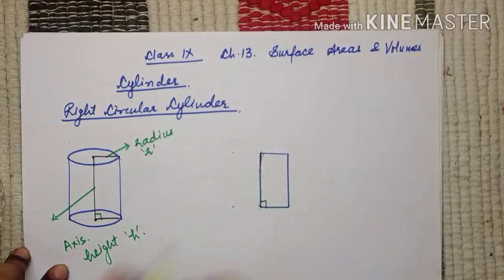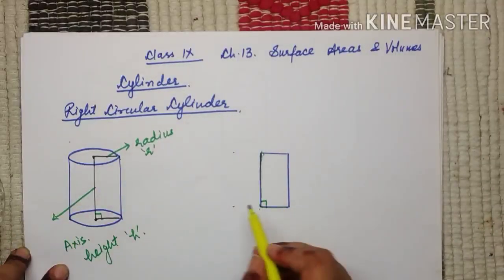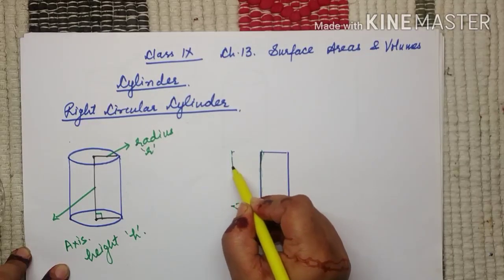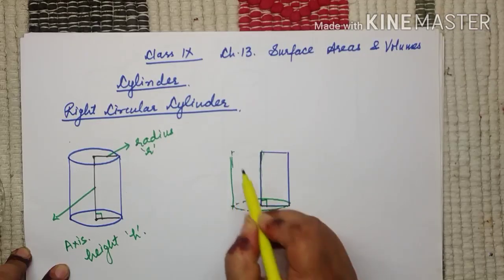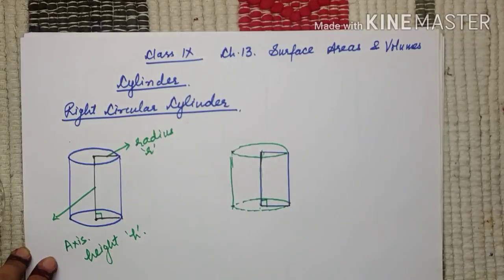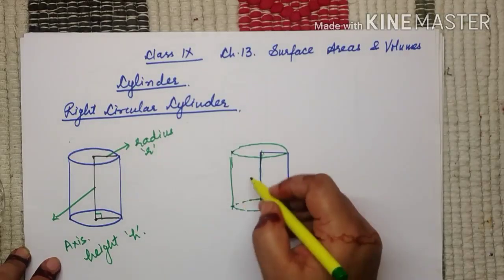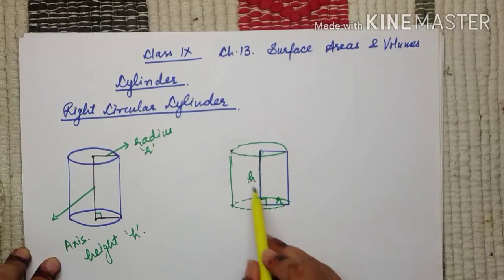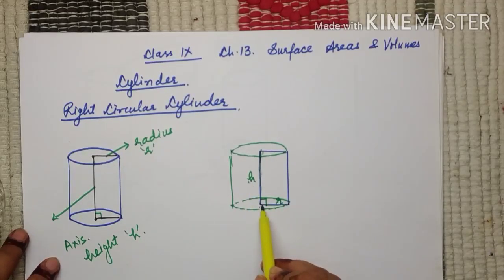If I revolve it like this, I'll get something like this. We get a cylinder where this will be height and this is radius, and they are perpendicular to each other because it is generated by a rectangle.